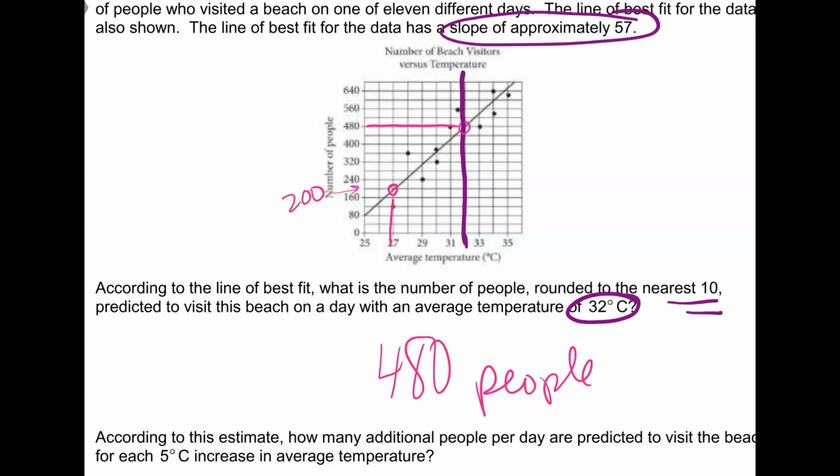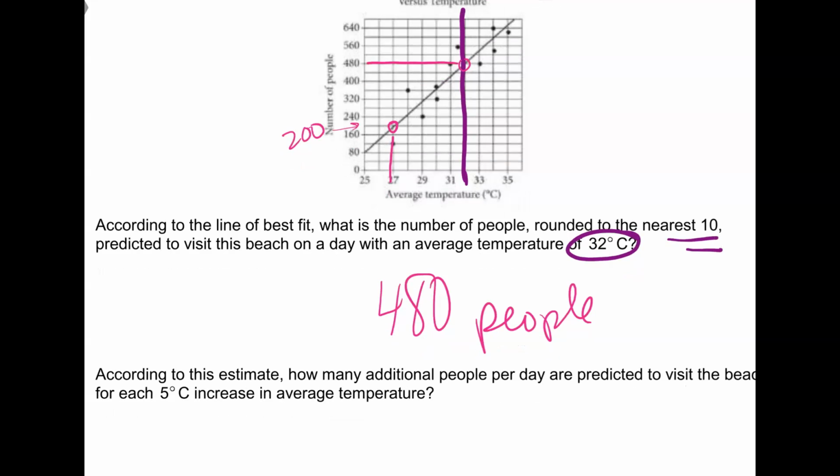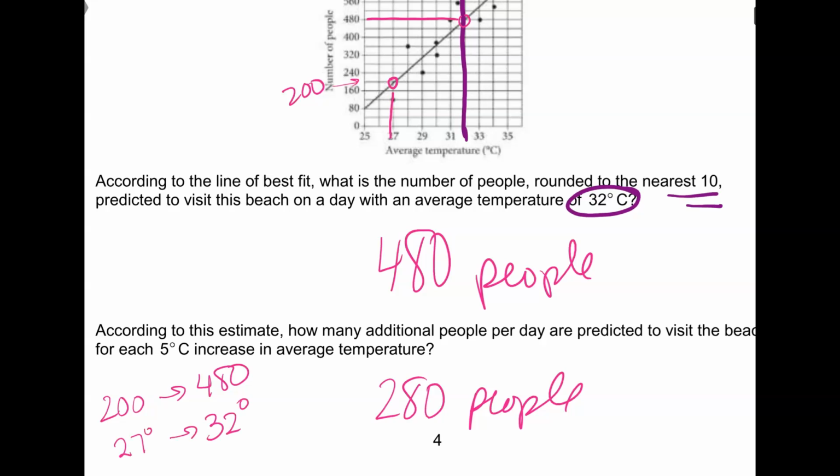Okay. So if we had 480 at 32 degrees and 200 at 27, an increase of 5 degrees Celsius means an increase of how many people? 280 people, because we go from 200 to 480 people when we go from 27 degrees to 32 degrees. So that's a difference of 280 people.